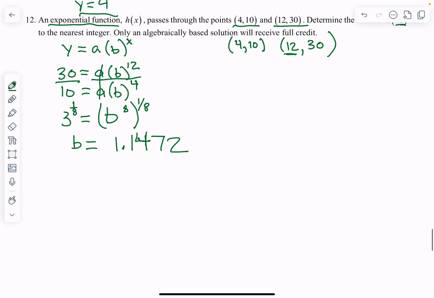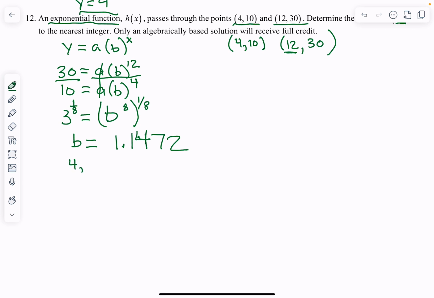So over here, I'm going to use the point (4, 10). So I have 10 as y is equal to a times b, which we know is 1.1472, raised to the 4th power.